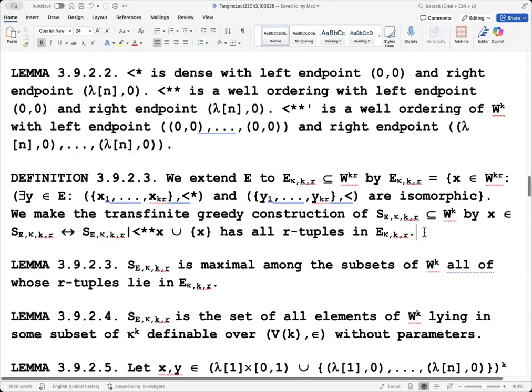Okay, so this S_E kappa KR is maximal among the subsets of WK, all of whose R tuples lie in E_KR. Now, this is obvious because maximality is a weak special case of greed. Greedy is a very strong form of maximality.